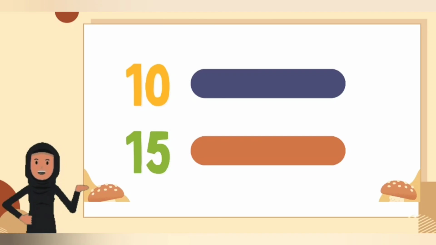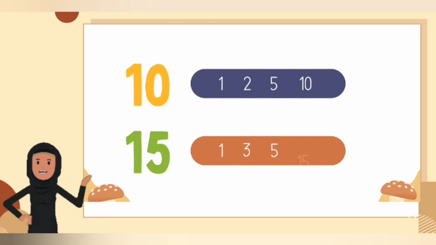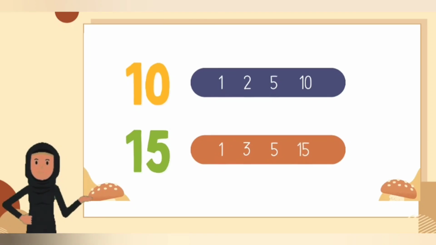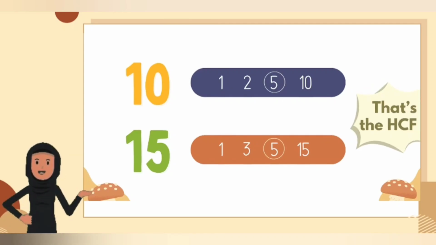If we write out the factors of 10, that would be 1, 2, 5, and 10. And also for 15, that would be 1, 3, 5, and 15. The largest number that can be found in both lists is 5. So 5 is the highest common factor of these numbers.